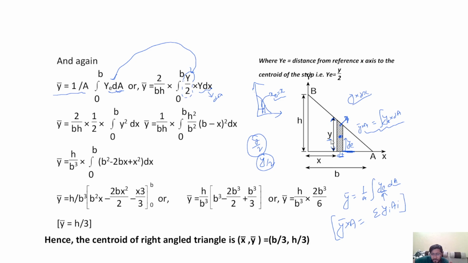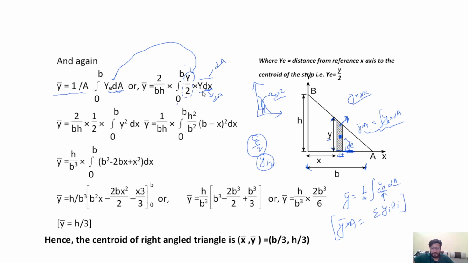So the centroid of this point from the reference x-axis, ye, is equal to y by 2. So the replacing factor of ye is y by 2, and dA is the area of strip, which is equal to y dx. The integration is done by dx, so the limit is taken of x, that means 0 to b, as the strip extends from 0 to b. That's why 0 to b is the limit of this integration.